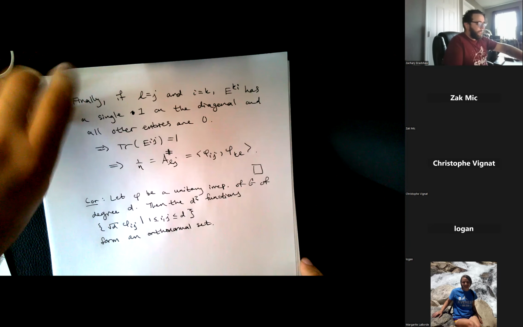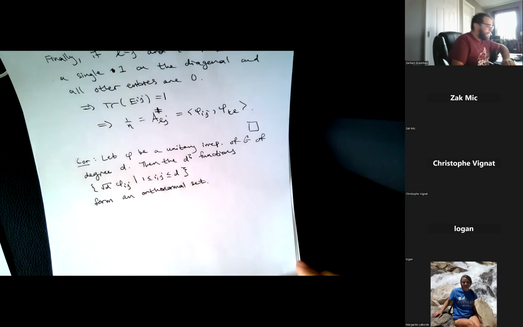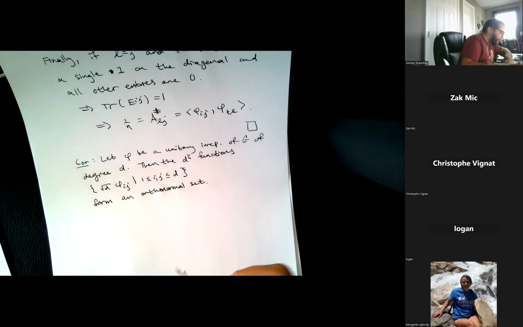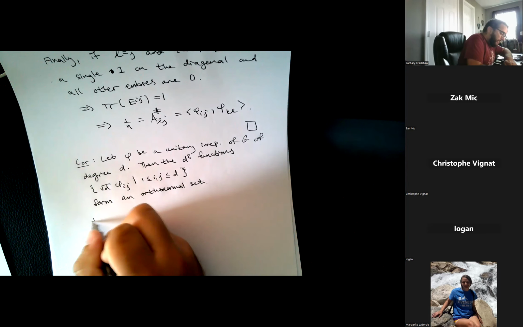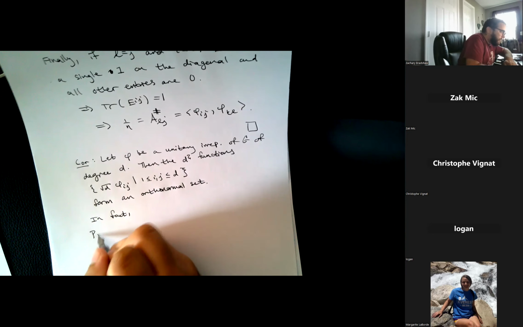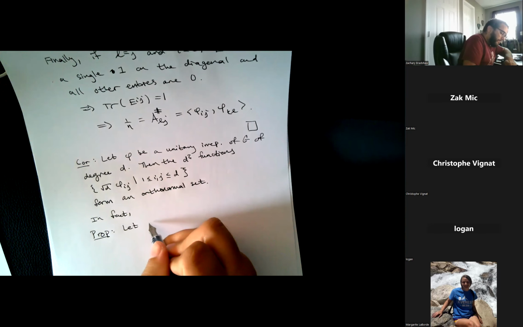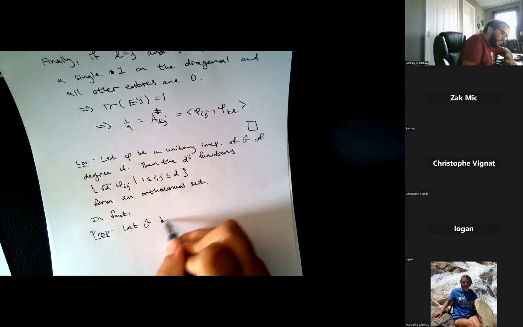So orthogonality, remember, gives us linear independence. We showed that in the linear algebra portion. And this is the thing we're going to end on. Let G be a finite group.